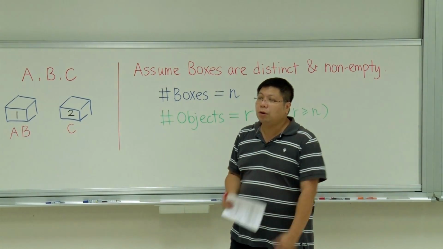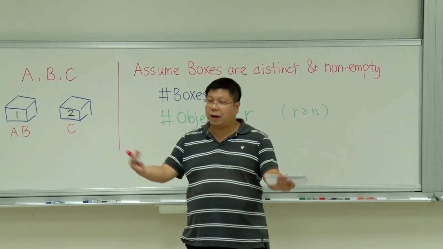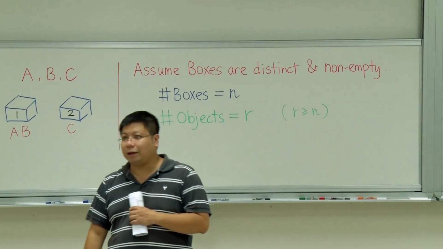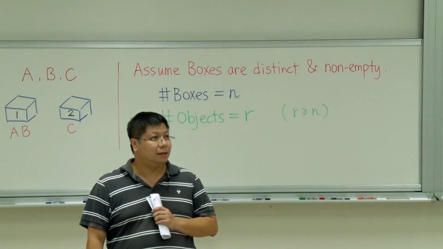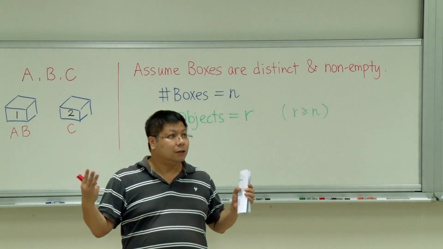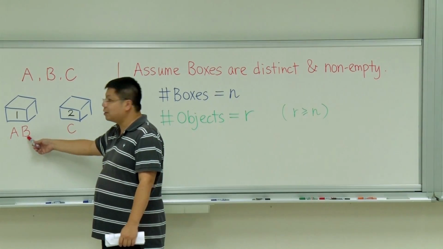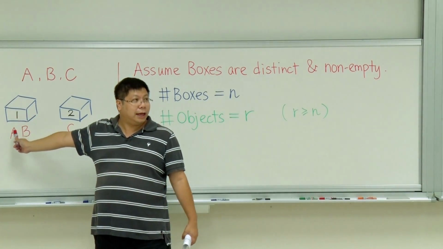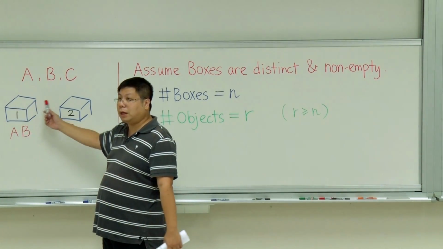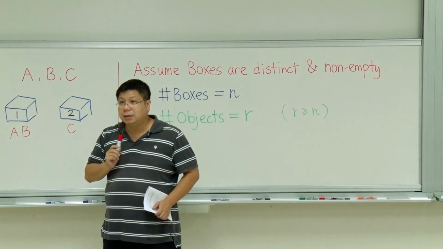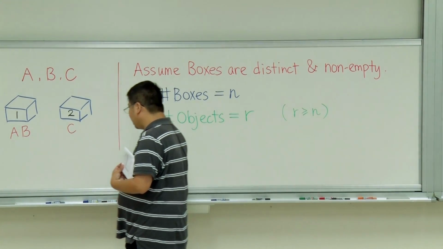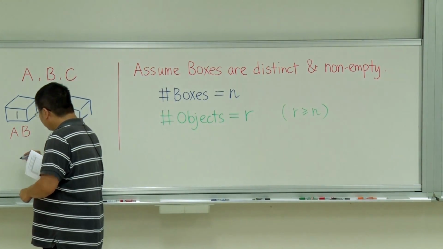And if so, how long would the string be? Length 2 or length 3? Length 3. We have 3 things to specify: A is in 1, B is in 1, and C is in 2. So probably we would want to have a 3-digit string.